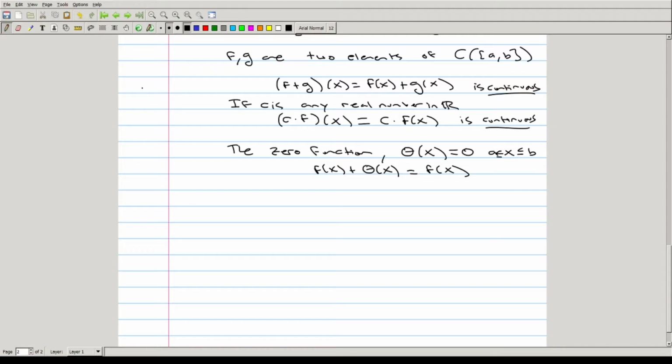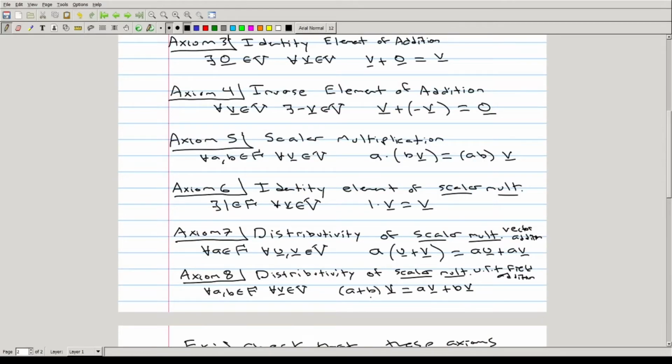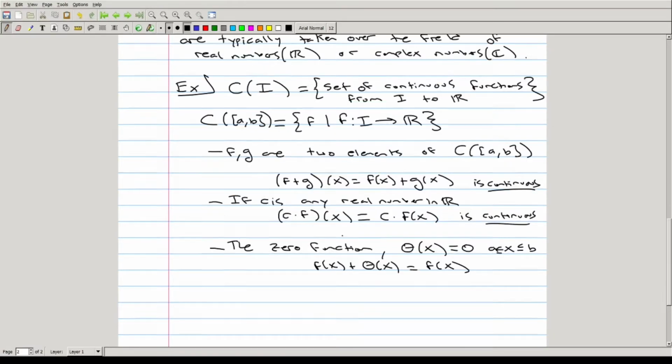I've only shown a couple of the axioms here, but if you check all the other axioms, this space of continuous functions is in fact a vector space because it satisfies all of these axioms. The elements of the vector space are functions, but even so, we can think of them as vectors inside of a vector space.